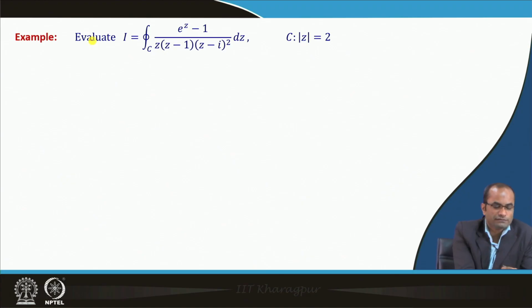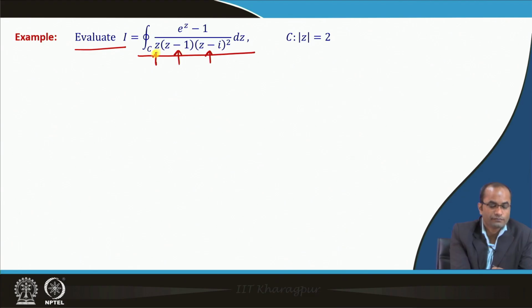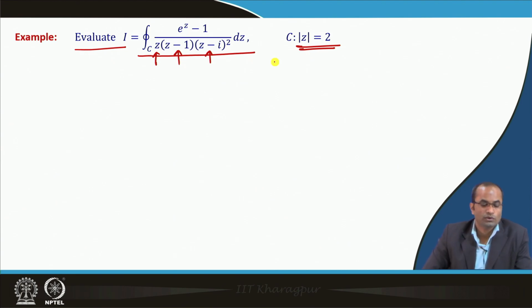For instance, we want to evaluate this integral of e to the power z minus 1, divided by z, z minus 1 and z minus i, where C is the absolute value of z equal to 2. Clearly, the singular points are z equal to 0, 1 and i.